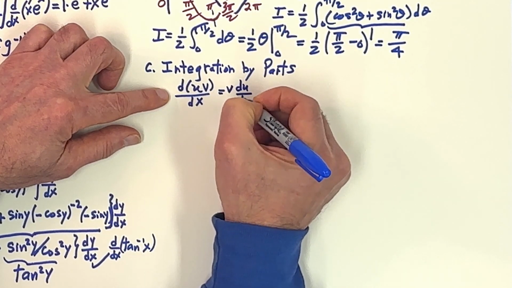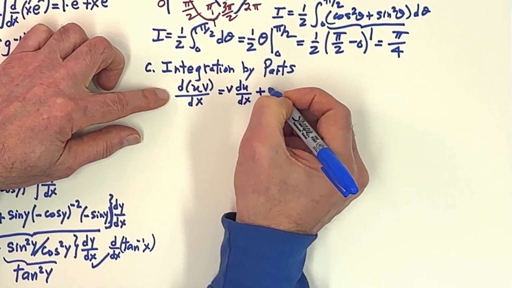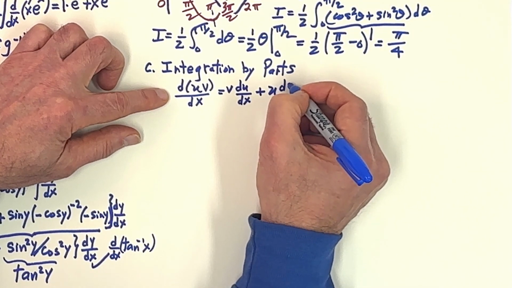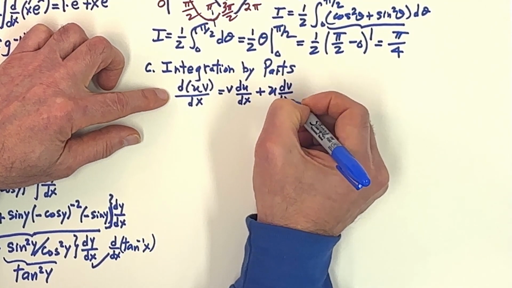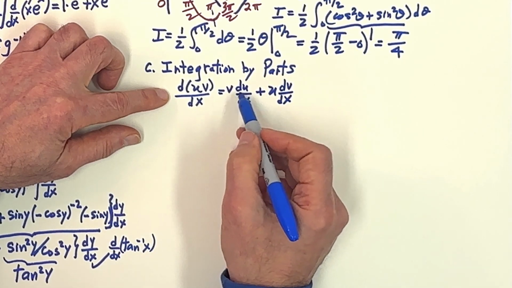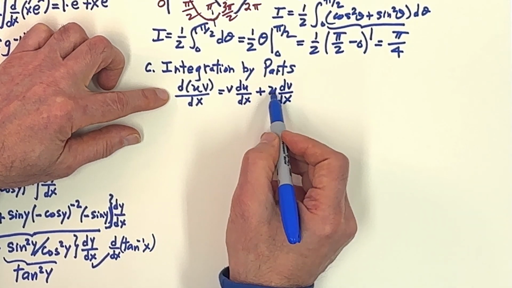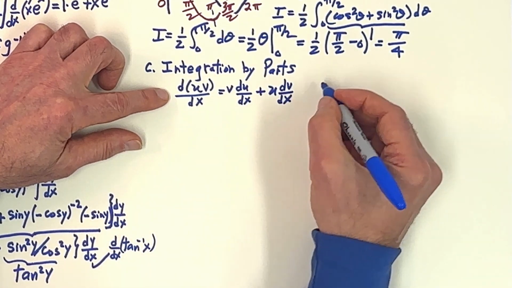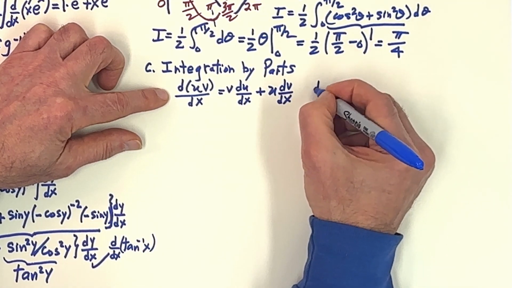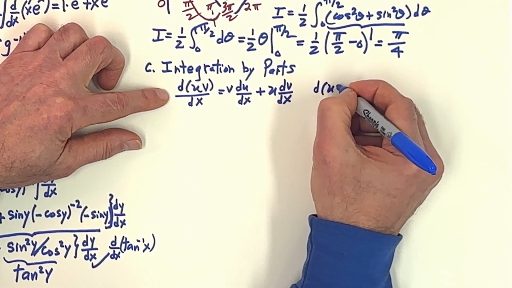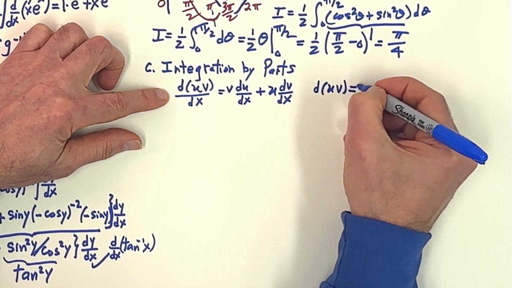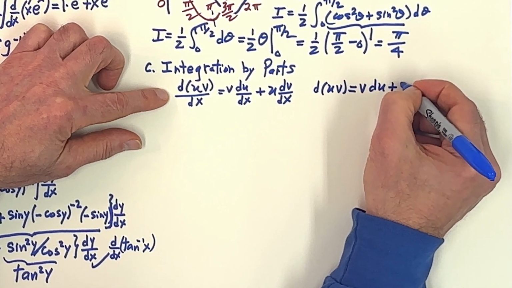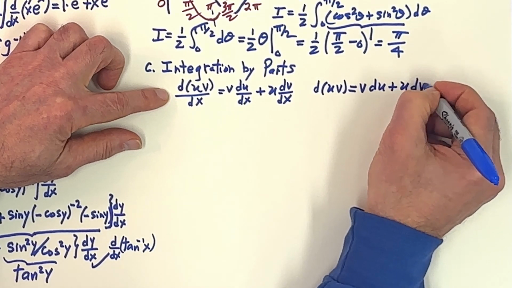So du dx like that. And then I'm going to flip them, then u dv dx. So this is the derivative of the first times the second, and this is the first times the derivative of the second. So writing this in differential form, d of u times v like this, is v du plus u dv.